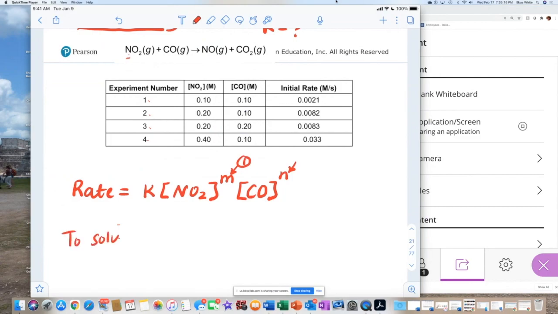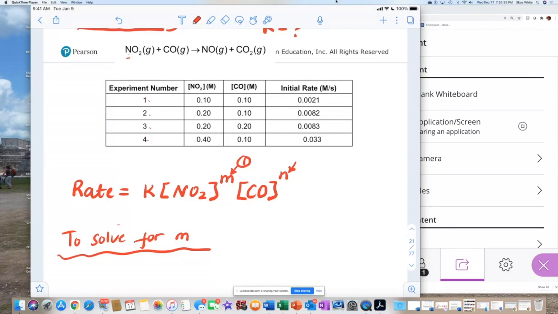To solve for m, I have to pick two experiments. Since I'm trying to solve for m, I want to keep CO constant. I want to keep CO from influencing the observations I'm having.